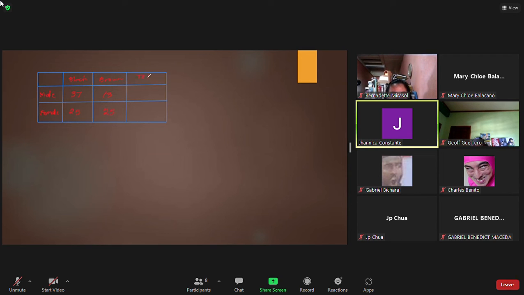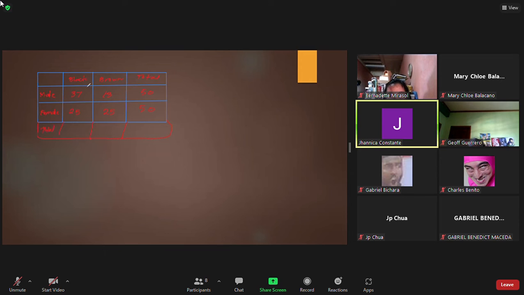So the total number per row: 37 plus 13 is equal to 50.